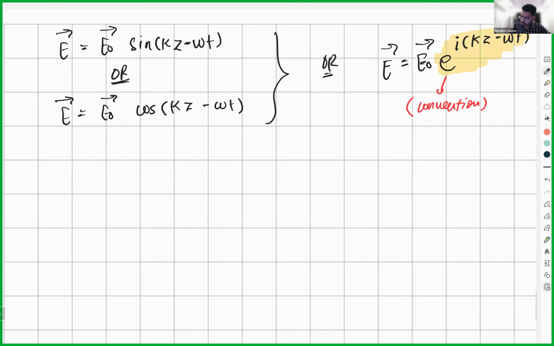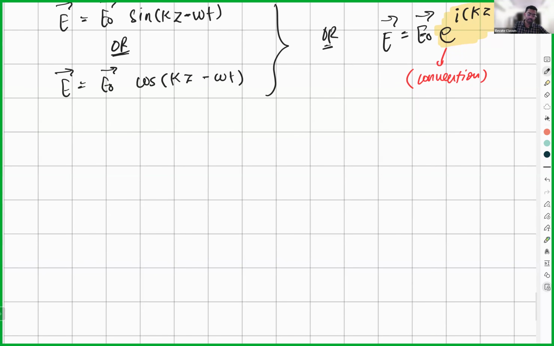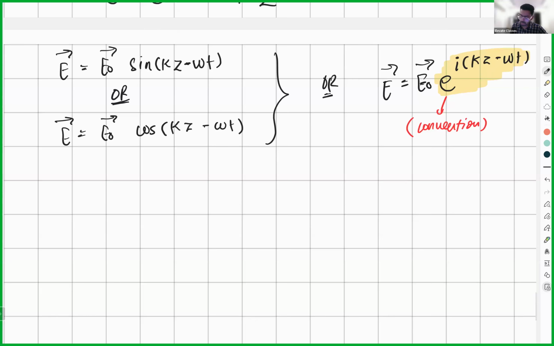Now, what are the examples of a plane polarized light? Let us first write a formal definition.